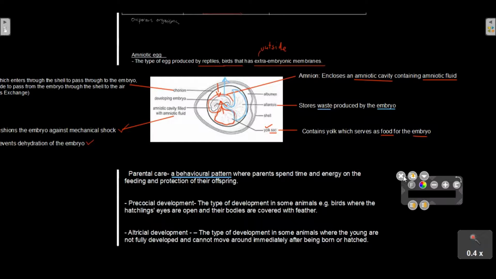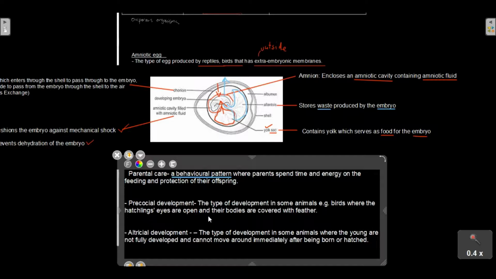And there are different types of development, because offspring do not develop the same. Some actually develop knowing how to do everything. They are born just knowing how to survive, what to do.